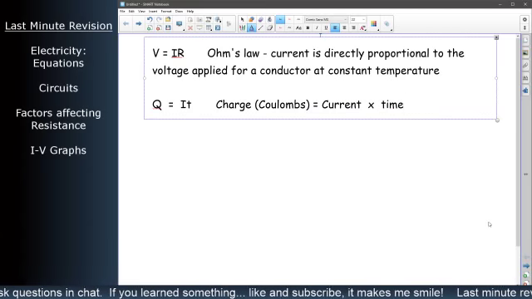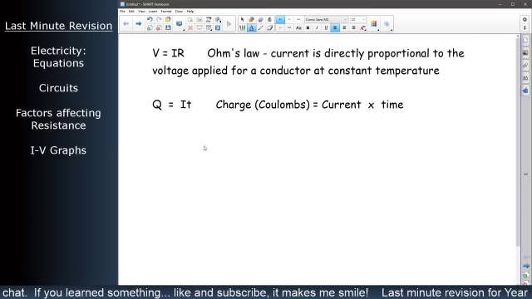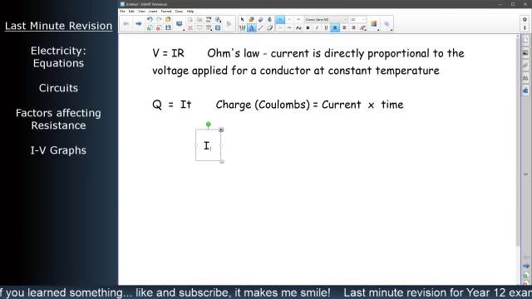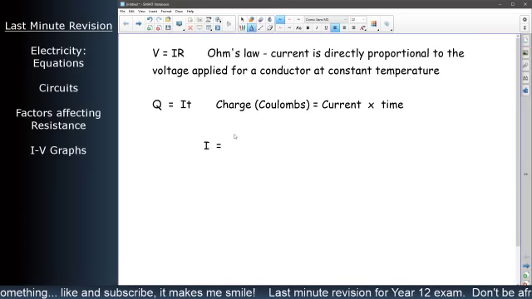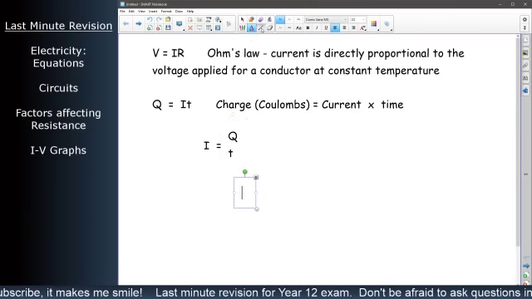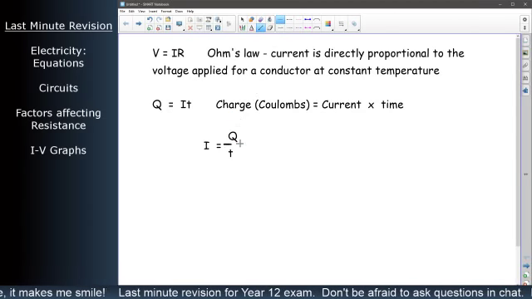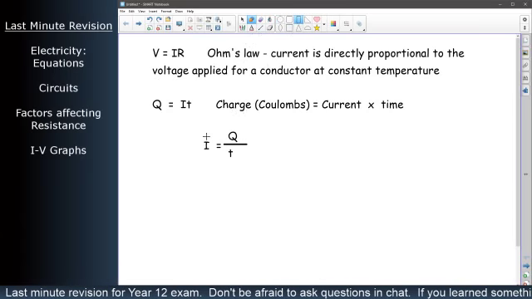Now, that's how it's usually phrased, but there's probably a better way of thinking about it, and that is that the current, the rate of flow, is the rate of flow of charge around your circuit. It's not quite the speed, but it's how much charge you get going around your circuit in a second. So it's better written as I equals Q over T, though that's harder to remember, but this is a much more useful form of it.